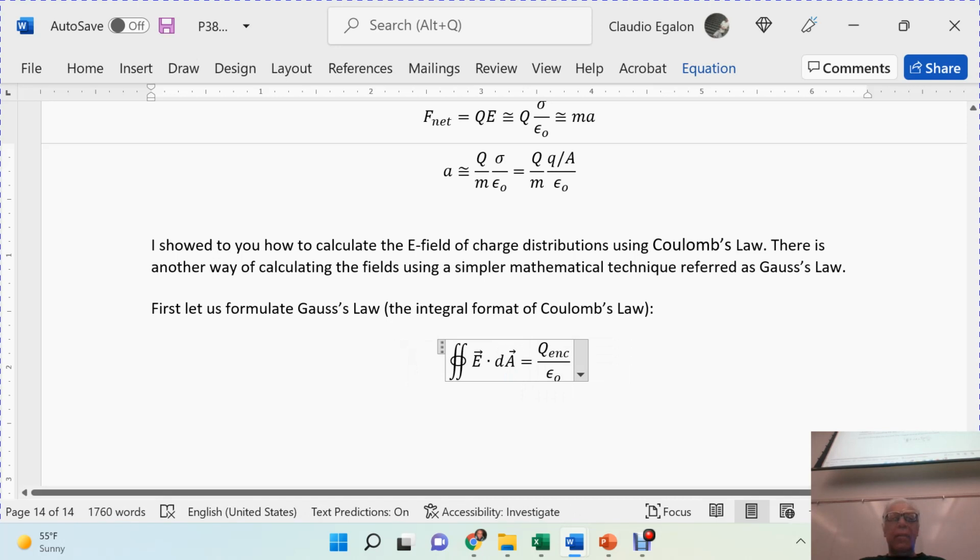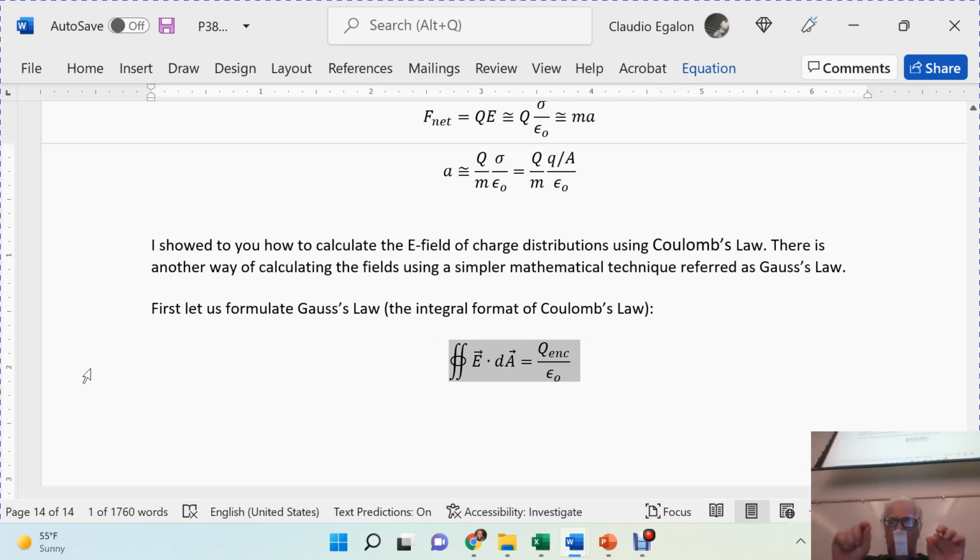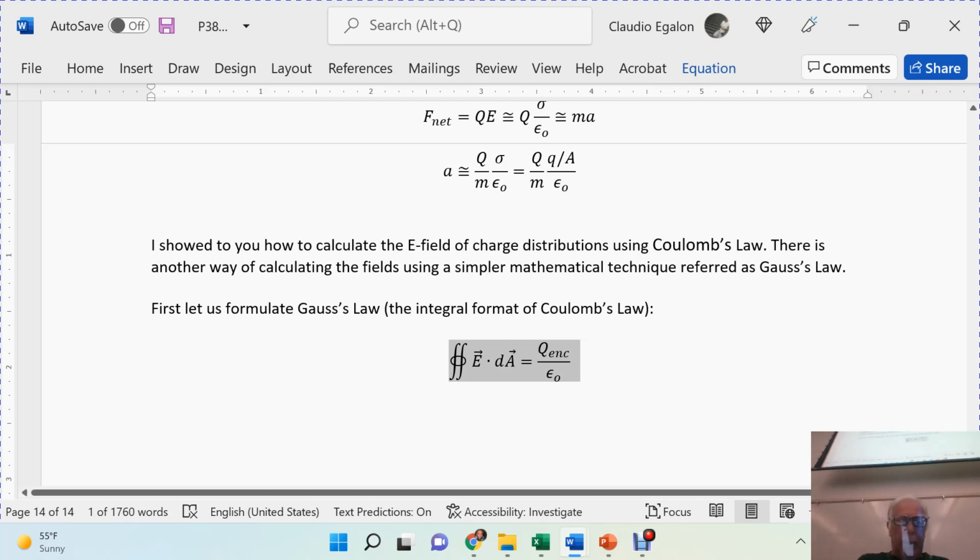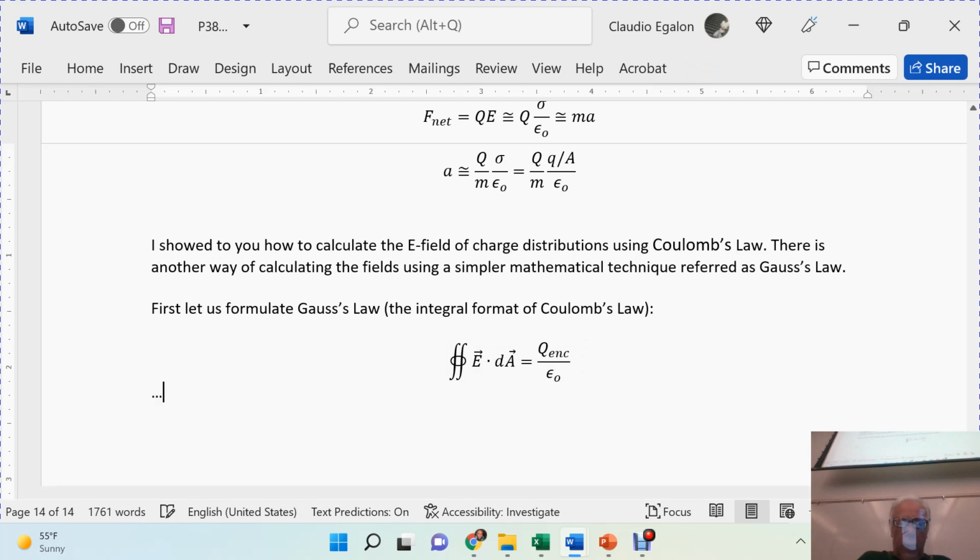Like I said, this already has Coulomb's law implicit inside. Let me write that down for you. Coulomb's law is just a special case of this surface integral. And you're going to see why.